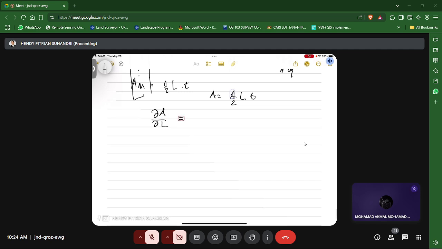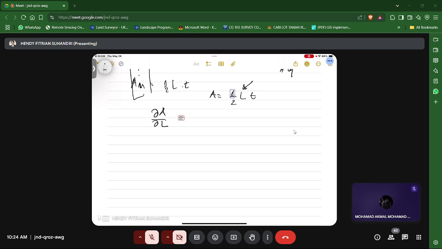Okay, so how do we know partial derivative? You can go back to the topic during your high school. So it would be half times L times T, and we want to derive with respect to L. So we treat T now as if it were a coefficient.